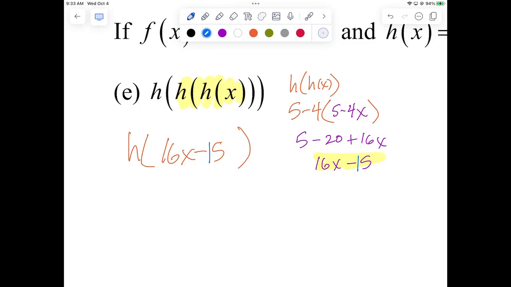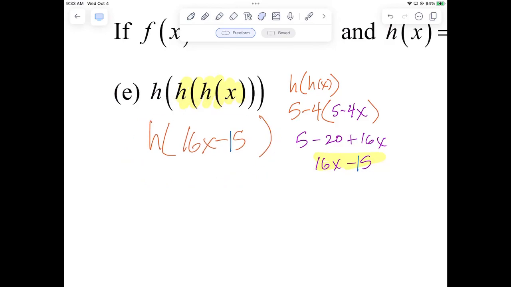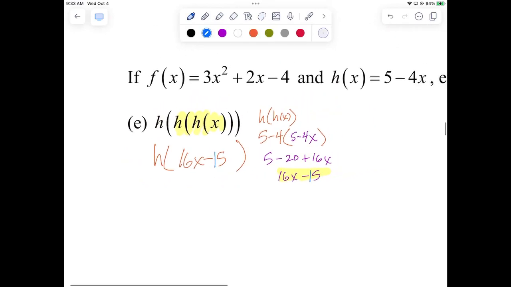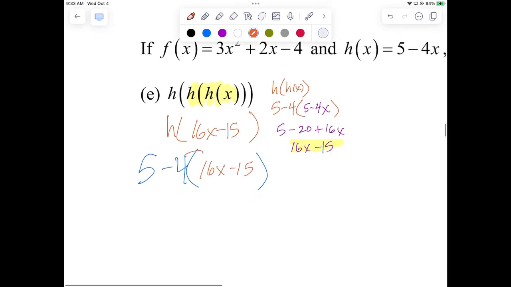Now you bring that back into the project, right? Maybe this should actually be written more like that. And now I'll plug that into H. Well, what is H? H is 5 minus 4 of blob, right? Get in the habit of calling X blob, and then wherever you say the word blob, you put parentheses so that you can put blob inside of it. Well, what am I putting inside of it? 16x minus 15. And guess what? We do it again. Now we distribute.